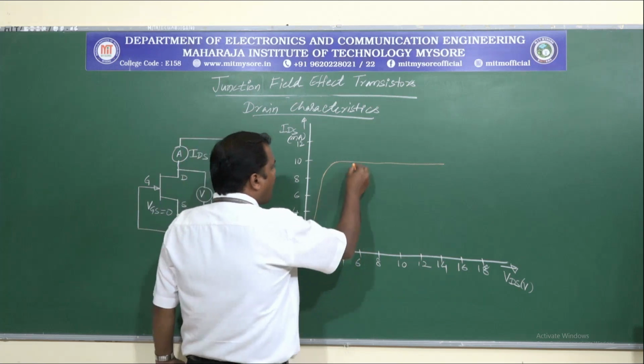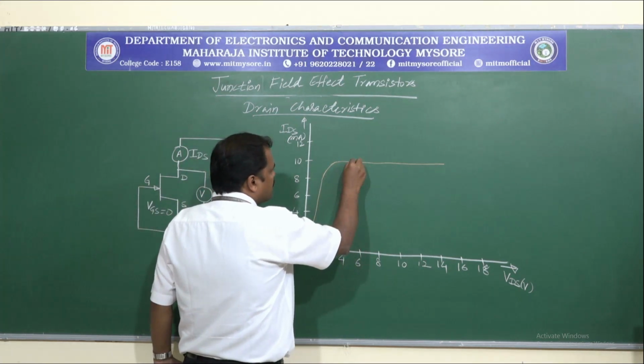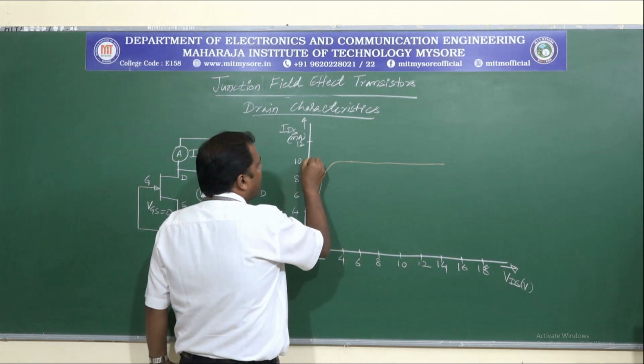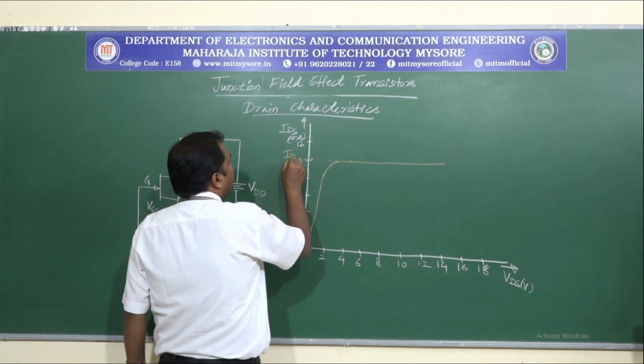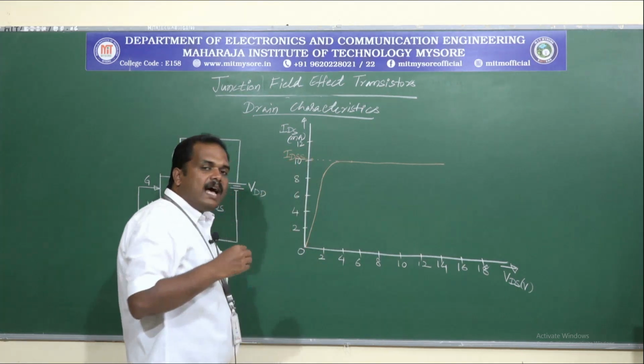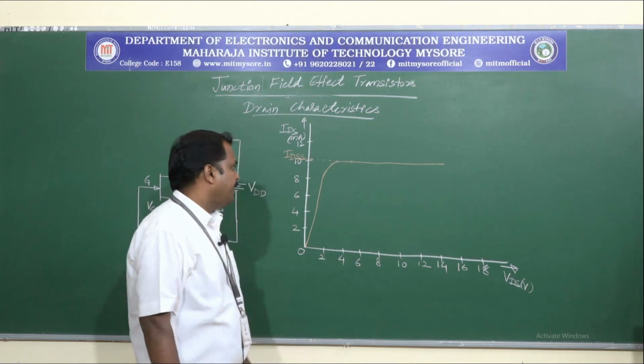The point at which IDS becomes saturated, the current will be called IDSS, the saturated drain to source current.